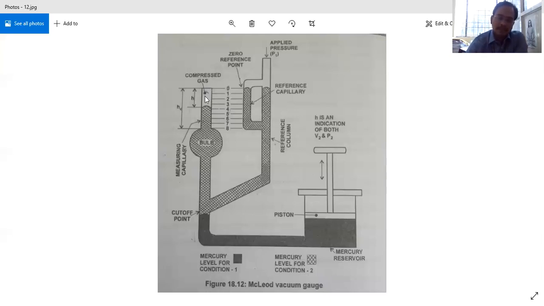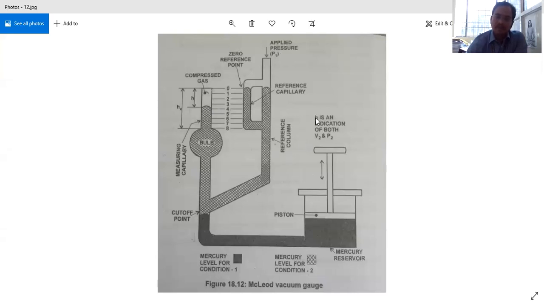As the gas is compressed and its properties change from P1 V1 to P2 V2, and the process takes place isothermally, then P1 V1 equals P2 V2. By using that formula, we can measure the value of P1.